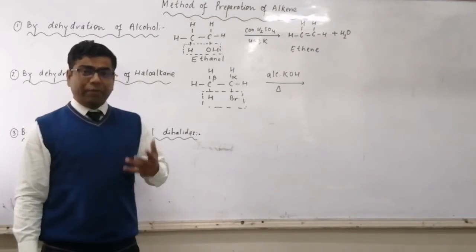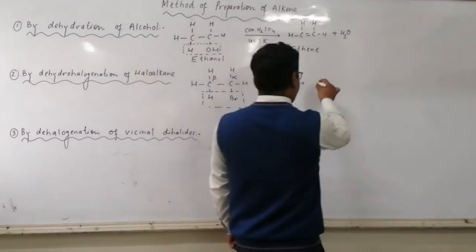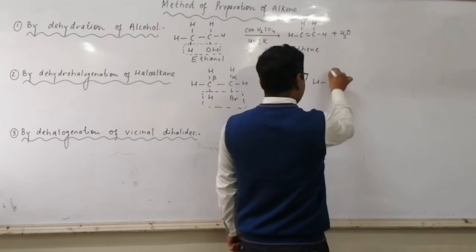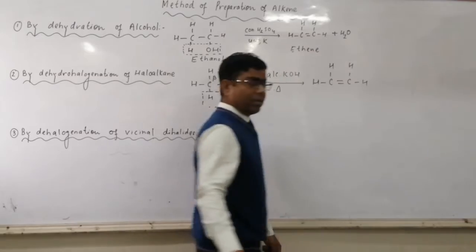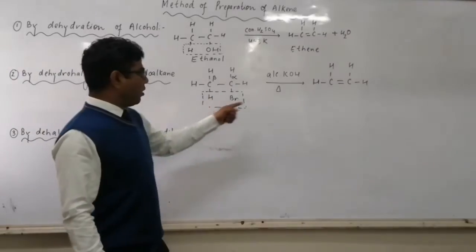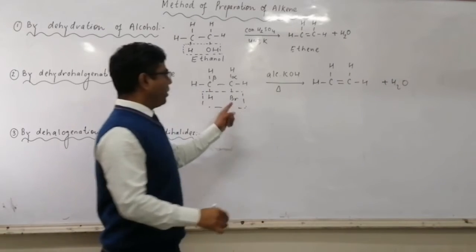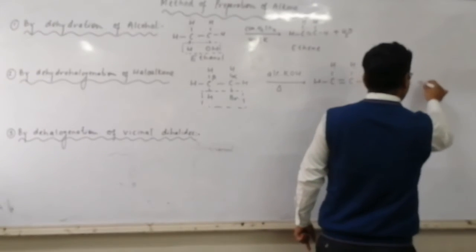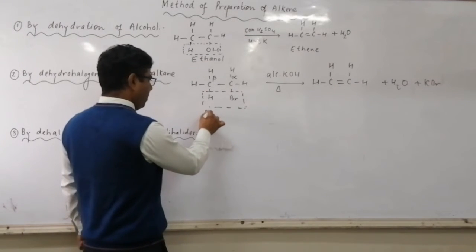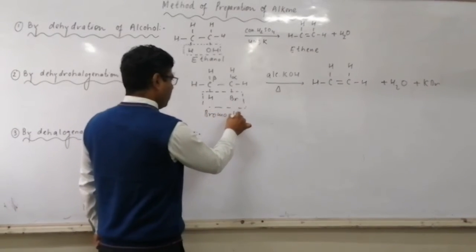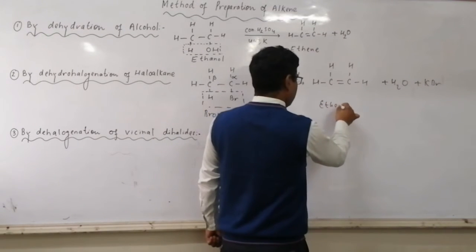So for satisfying their bond deficiency, there will be formation of new bond between the carbon-carbon atom, as a result of which we will obtain H, C, double bond, C, H and H. H with OH forms H2O, and Br with K forms KBr. So compound used here is bromoethane, which is converted to ethene.